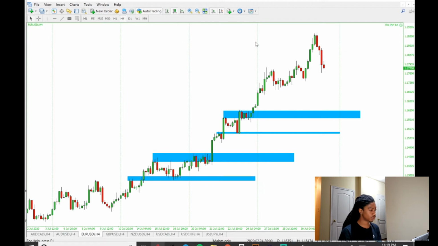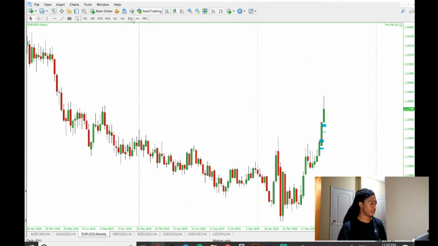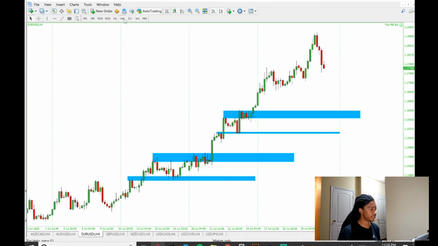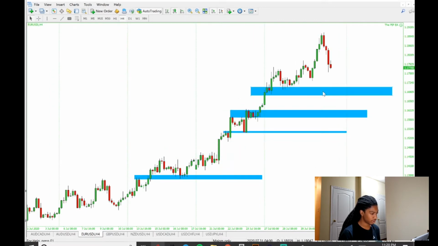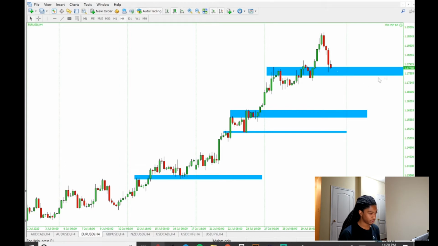So here we're going to do the same thing. We have the bullish approach on EU as well. So let me update these lines, grab this. We can put this one here. Something like this.